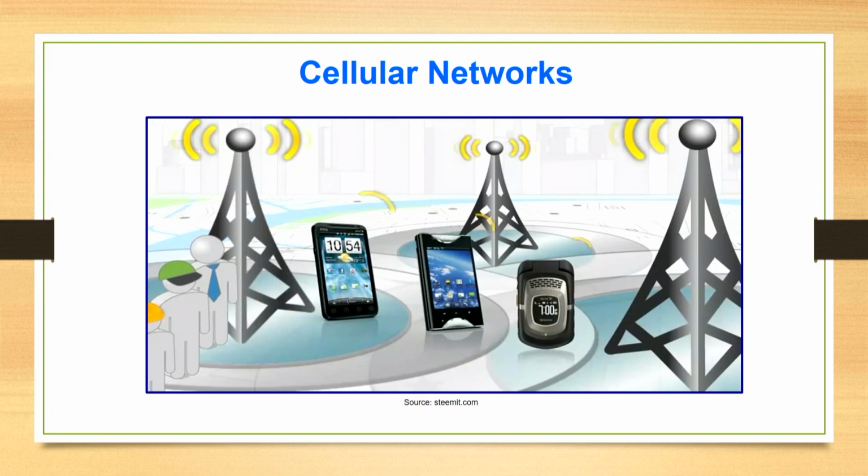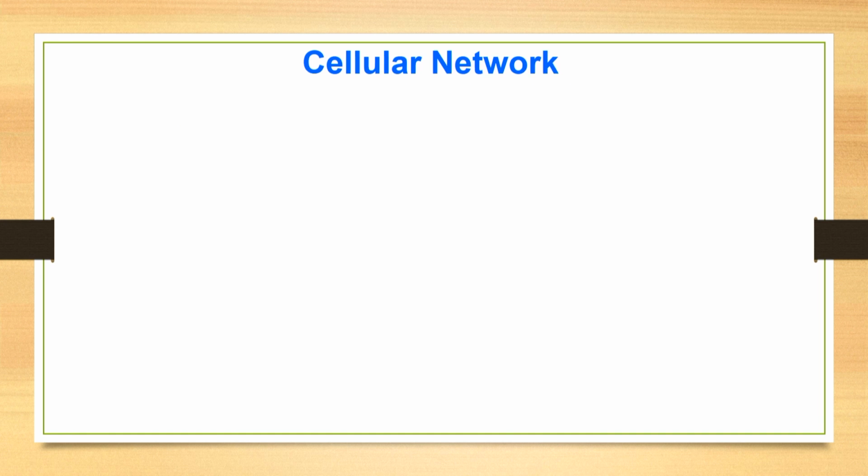Next, we will talk about cellular networks. From here you see that mobile phones and antennas are there. Nowadays the mobile phones that we are using use cellular networks for communication, or you can say for establishing an internet connection.